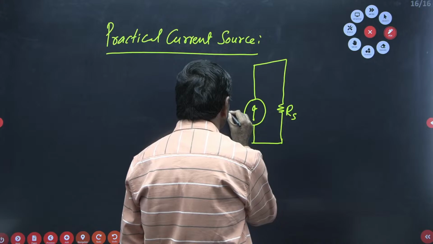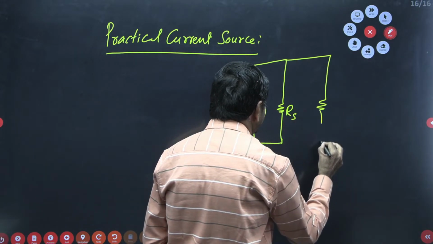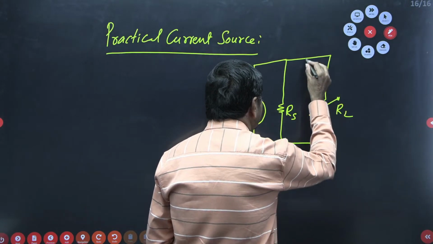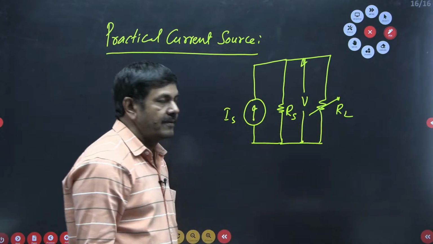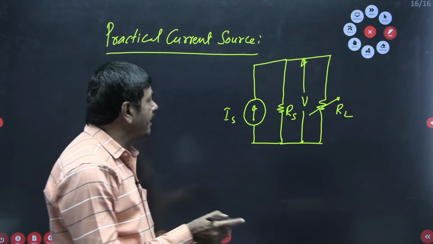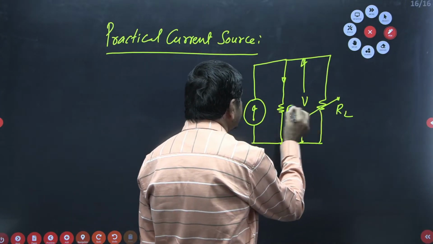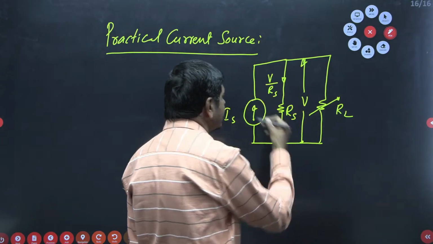This current source is taken as IS. I connected a variable resistor RL. The voltage across it I take as V. The voltage remains the same in the parallel network, so this current is V by RS.